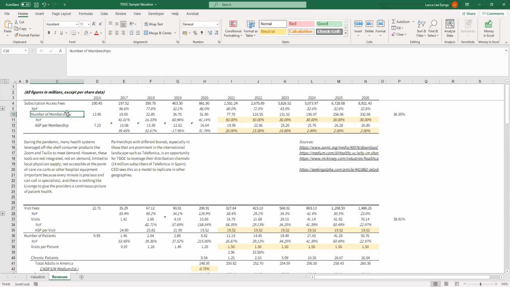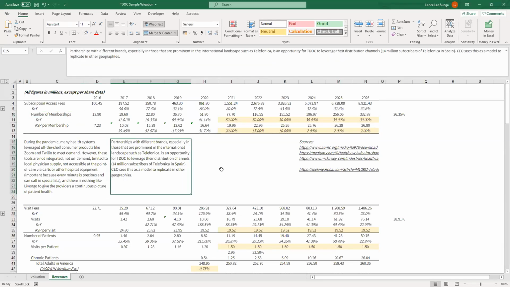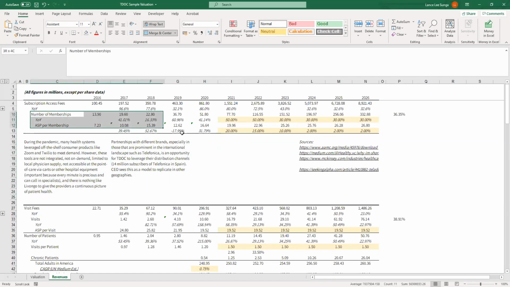Either you project the quantity, project the price, or project both. But it really depends on what you can project or cannot project, right? And here I have explanations as to why I projected both.